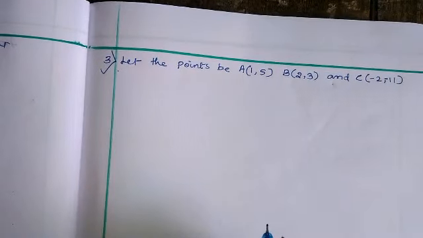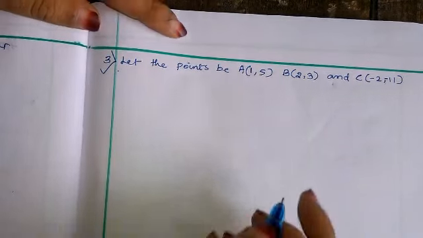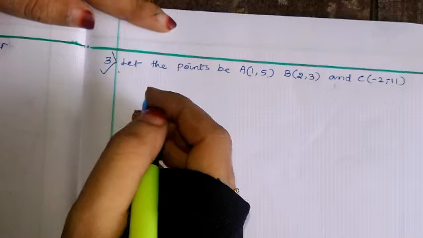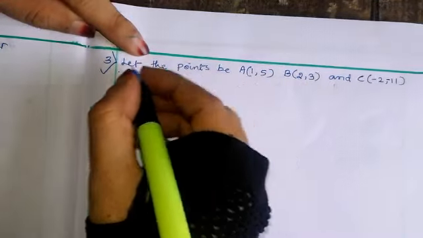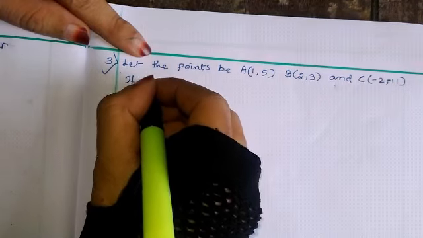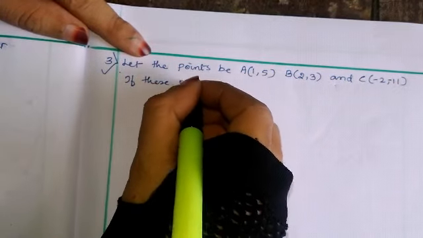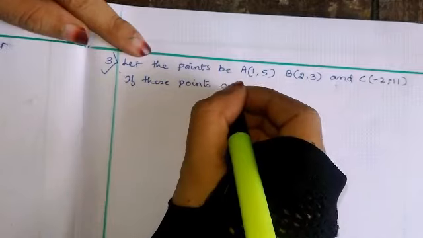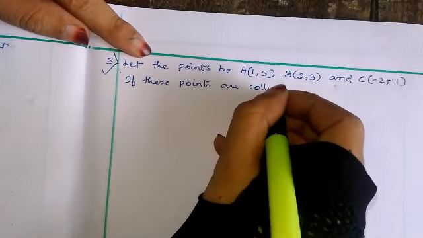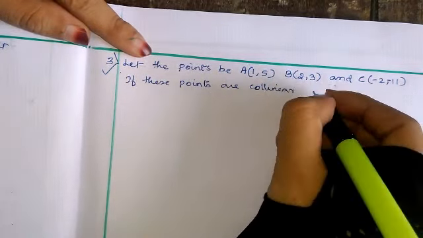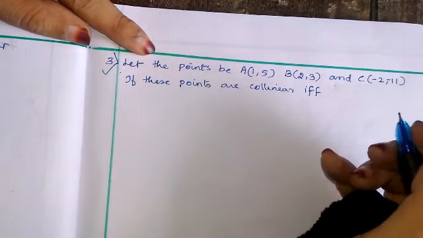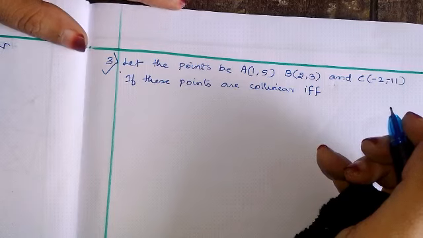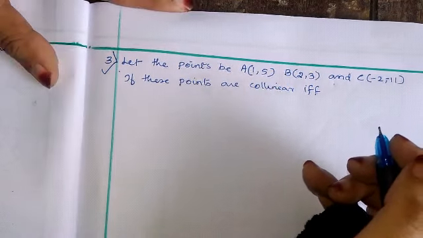Okay, these are the points. They will be collinear if and only if AB plus BC is equal to AC.